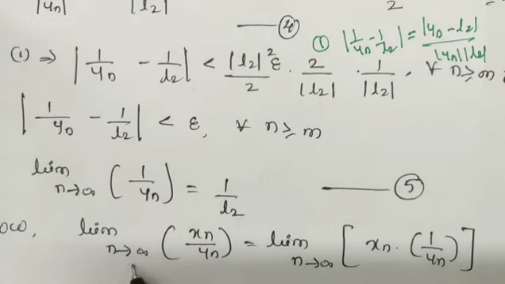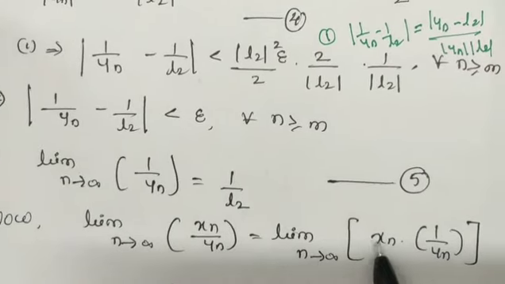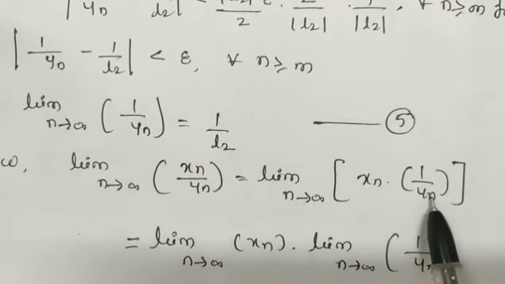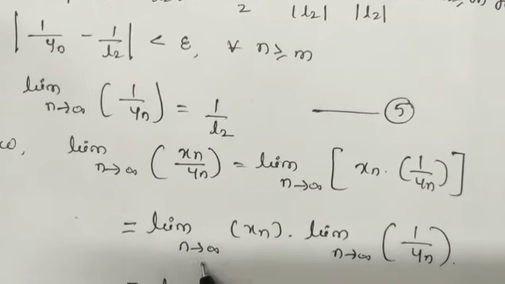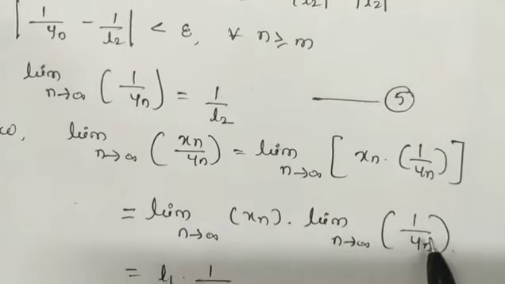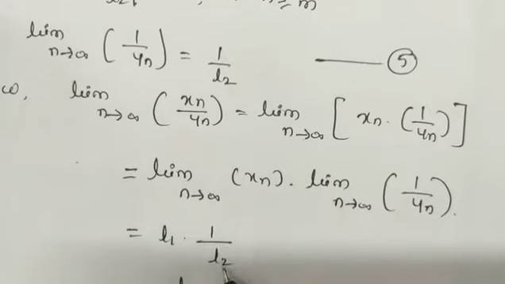We want the limit as n tends to infinity of xn by yn, which is equal to the limit as n tends to infinity of xn, which you keep as it is, into 1 by yn. We can apply the limit to both the terms separately. So limit as n tends to infinity xn into limit as n tends to infinity 1 by yn. This limit is L1, it is given, and this limit we proved here as 1 by L2.